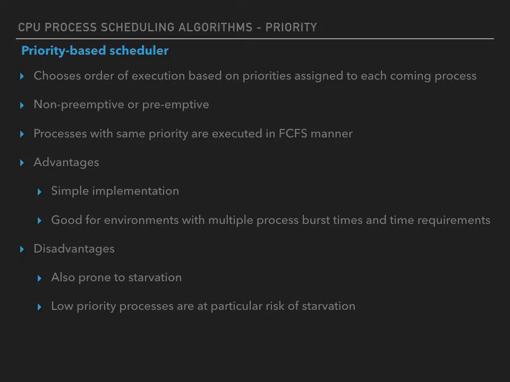Some advantages of this algorithm are that it is relatively simple to implement and understand, and it is great for environments with multiple process burst times and time requirements. Unfortunately, this is also prone to starvation, and as before, low priority processes are at a particular risk of starvation.